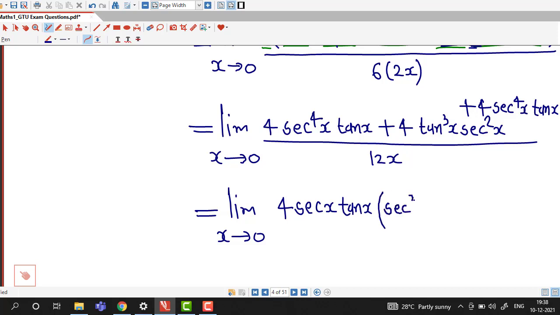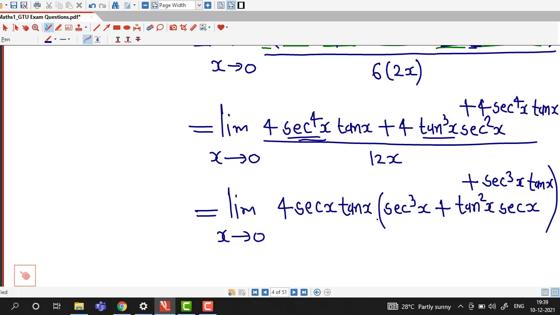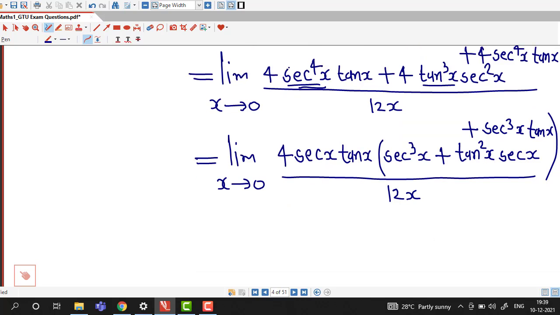So here we are left with sec raised to 3x, because sec into tan is common, plus here we are left with tan square x into sec x, and here we are left with sec raised to 3x into tan x divided by 12x. So let me check again.